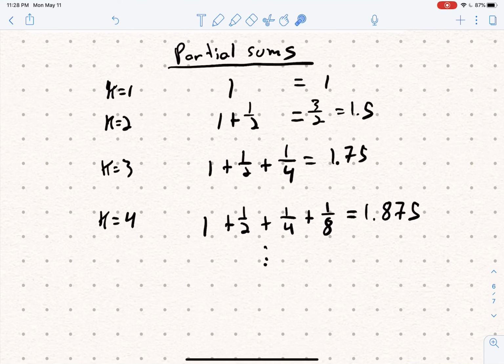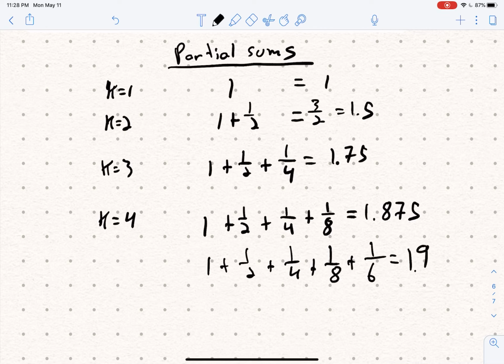And maybe we just do one more of these. This would be k equal to 5. When k equals 5, we get 1 plus a half plus a fourth plus an eighth plus a 16th. And that's all equal to 1.9375.